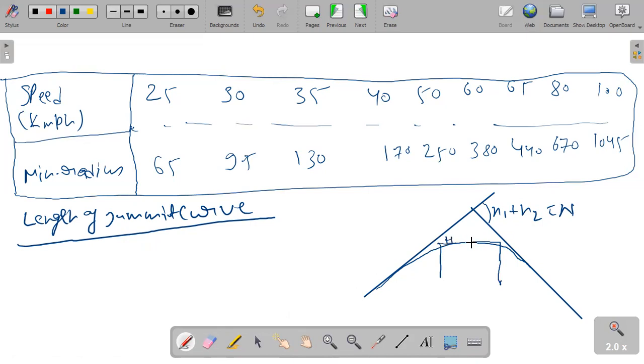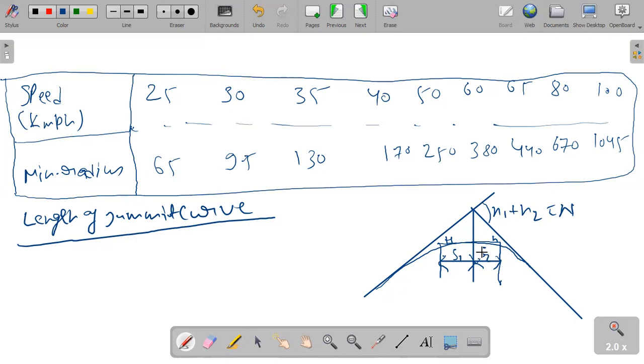Here it is H, and this is S1 and this is S2.